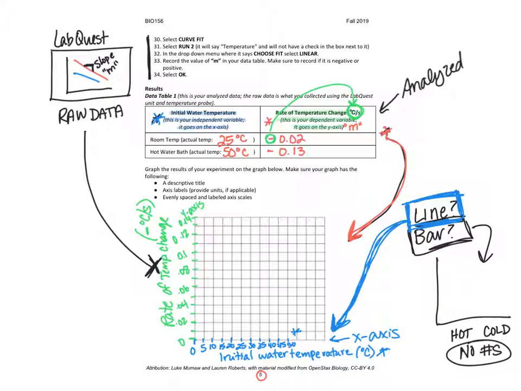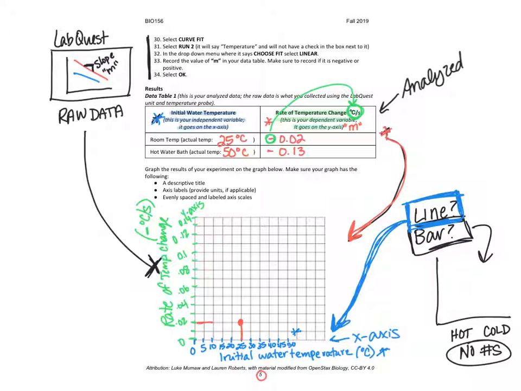All right. So to actually graph the data, you need to match up these 2 points. So for our room temperature data, we're going to match up 25 degrees, which is this line right here. And we're going to match it up with 0.02, which is this line here. So our first data point is going to be right there.